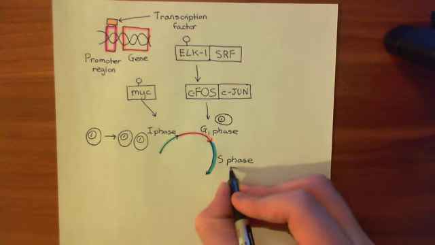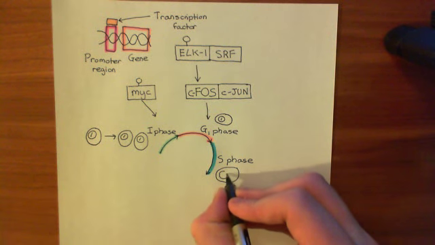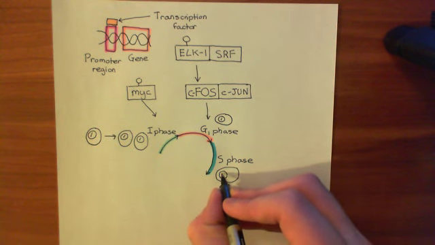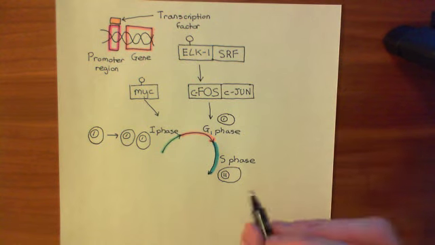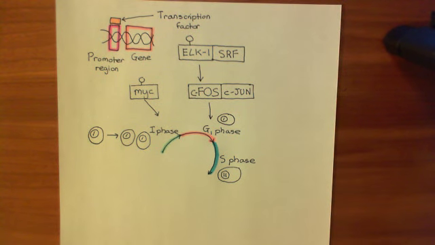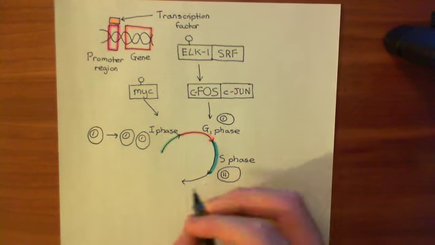In S phase, you're going to replicate all of the chromosomes. You're going to go from having 1 copy of all 46 chromosomes to having 2 copies of all 46 chromosomes.